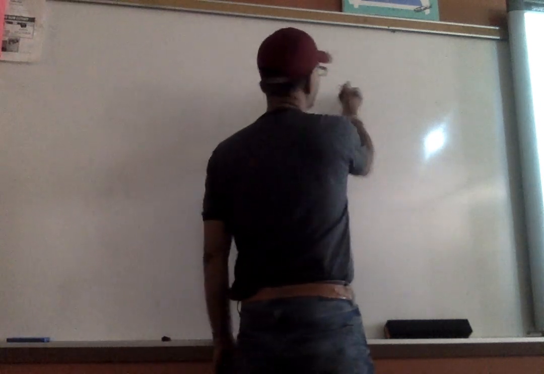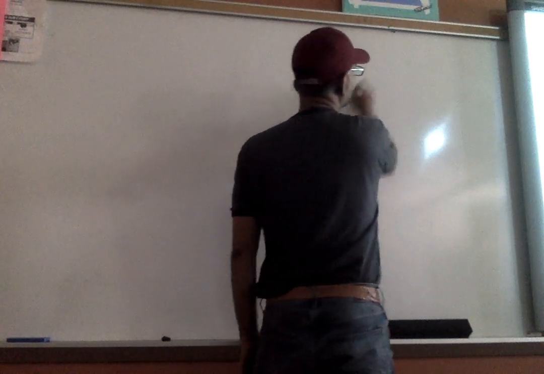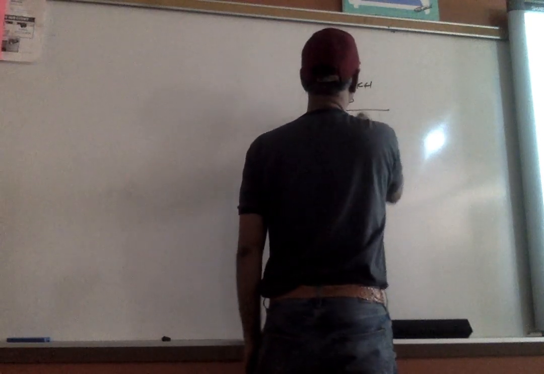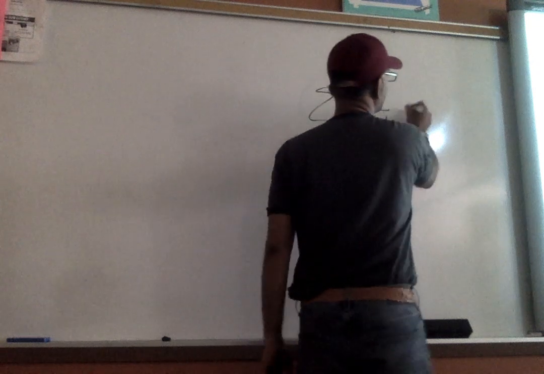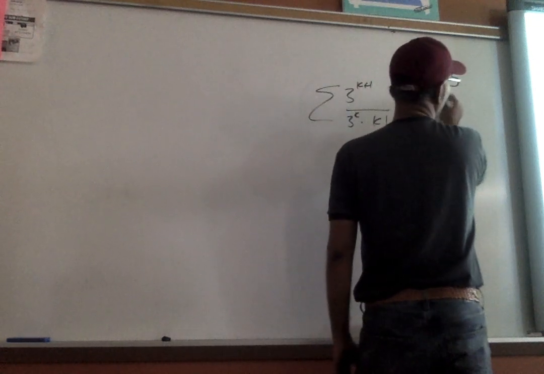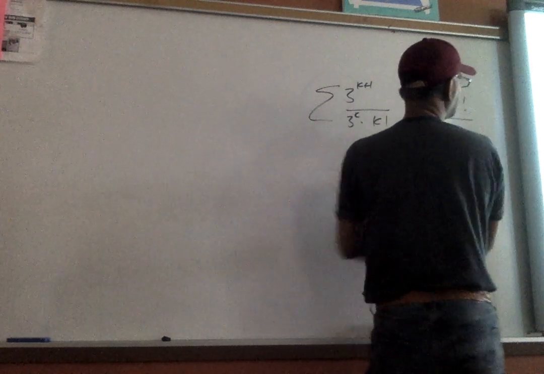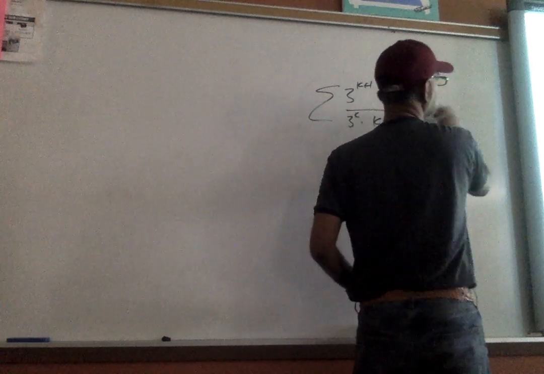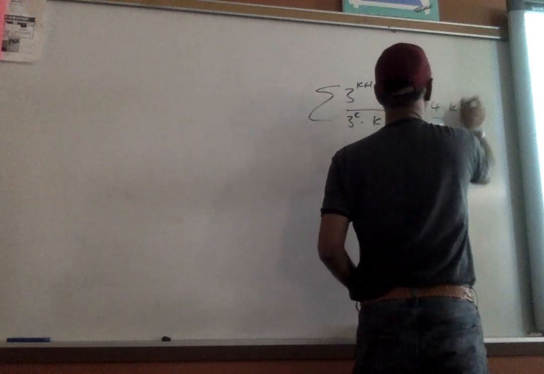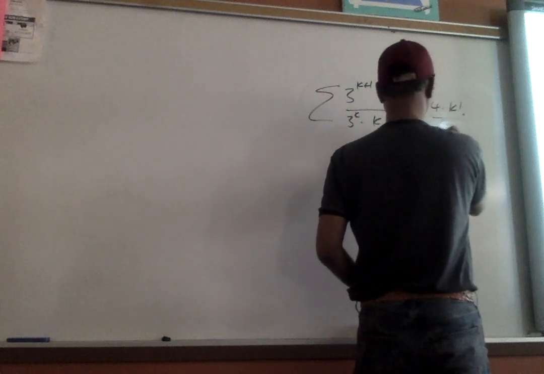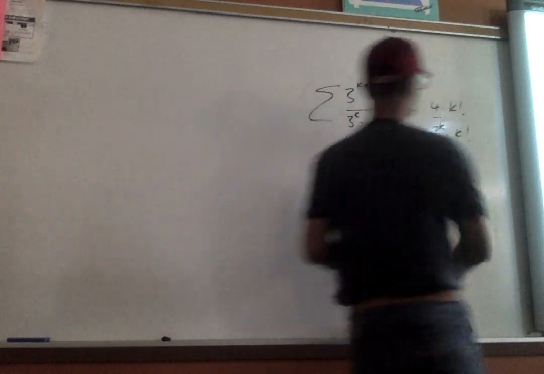Thank you. We'll split it up. Again, it says 3 to the power of k plus 1 over 3 to the power of k, times k factorial, plus 4 to the k over 3 to the k factorial.